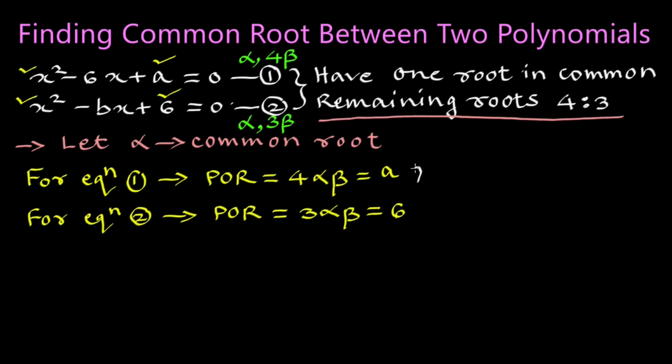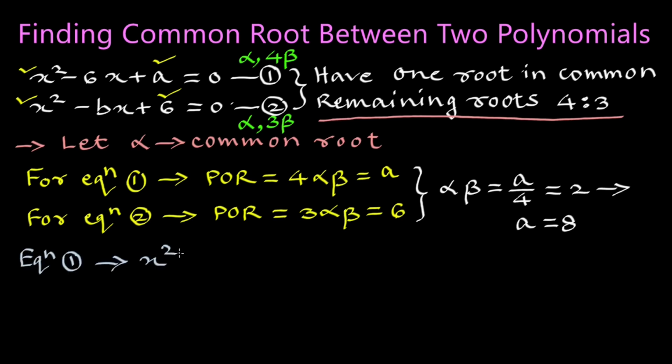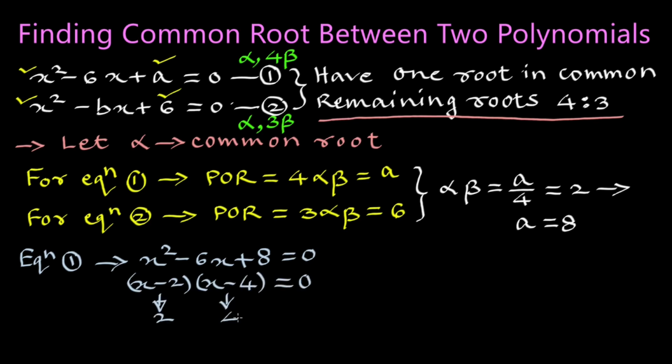Now these two equations give alpha beta equals a upon 4 equals 6 upon 3, that is 2. That gives a equals 8. So equation 1 becomes x square minus 6x plus 8 equals 0. Factoring, we get (x minus 2) into (x minus 4) equals 0. So the roots will be 2 and 4.